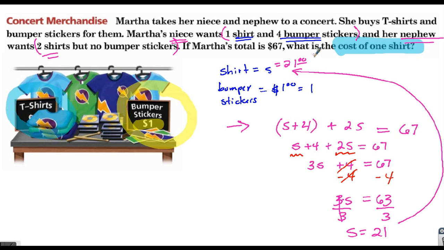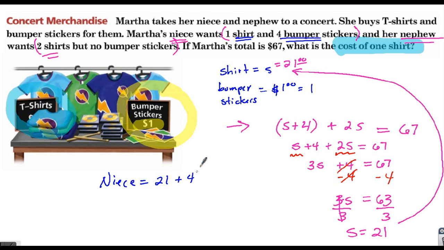Martha's niece wants 1 shirt and 4 bumper stickers. So her niece was going to be 1 shirt, or $21, plus 4 bumper stickers, and each bumper sticker is worth $1, so that's 4. So for her niece, the cost was going to be $25.